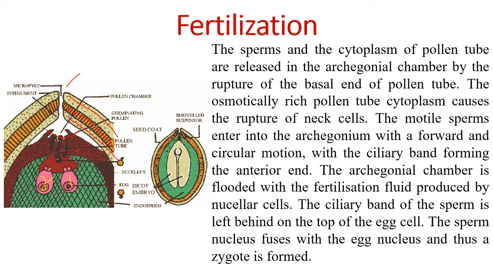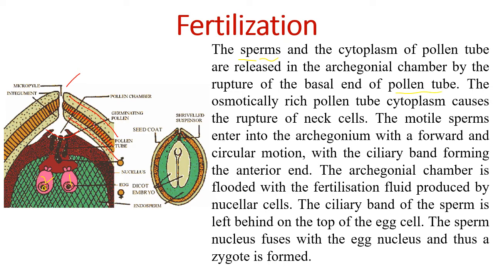Now let's learn what is exactly happening there. The sperm and the cytoplasm of the pollen tube are released in the archegonial chamber by the rupture of the basal end of the pollen tube.